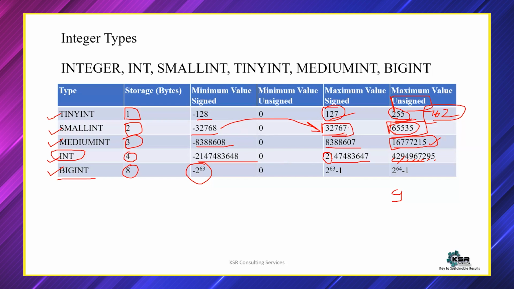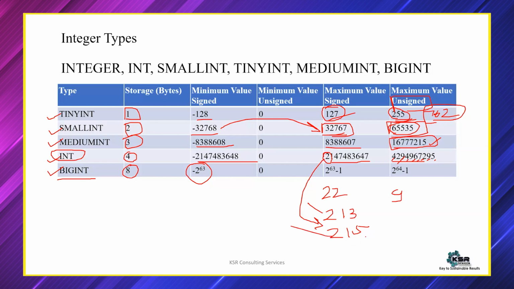We have to refer from 2 because the maximum value signed starts with 2, 2147. Anything more than that, it will not accommodate. If it is 213 it will accommodate. If it is 215 it will not accommodate, because it is ending at 214.